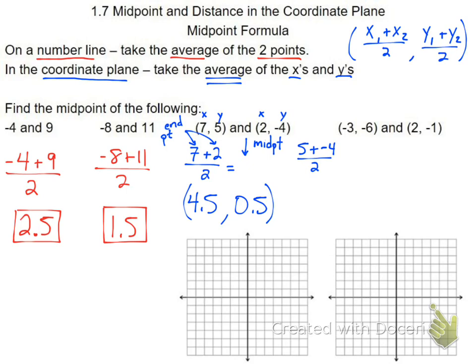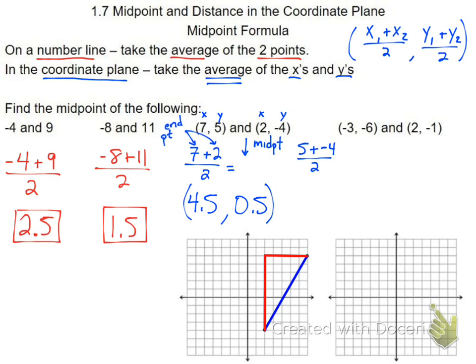Sometimes it's easier to do if you have a piece of graph paper, so we can plot these 2 points. So we've got the ordered pair 7, 5, so 7, 5 is right here, and then 2, negative 4. What I can do is connect them by a straight line, and so kind of an easy way that I can do this is I can turn this into a vertical and a horizontal line.